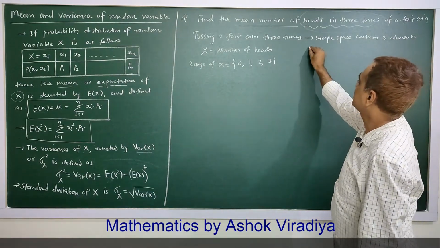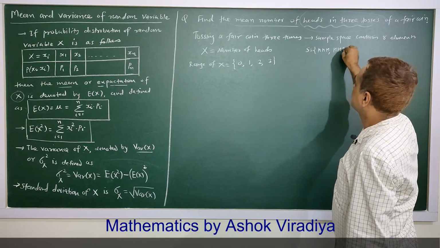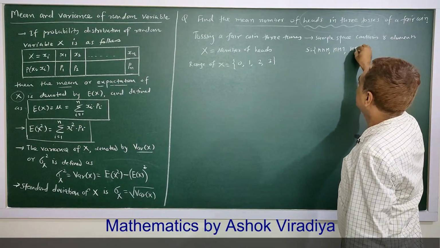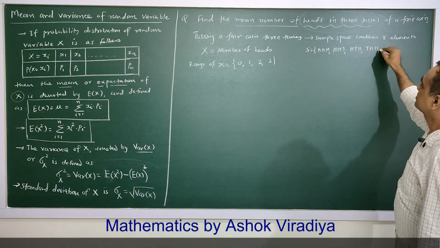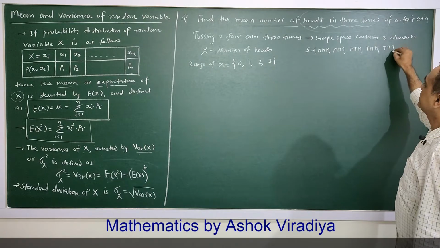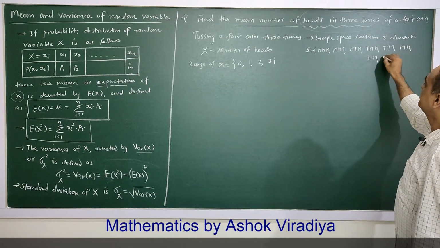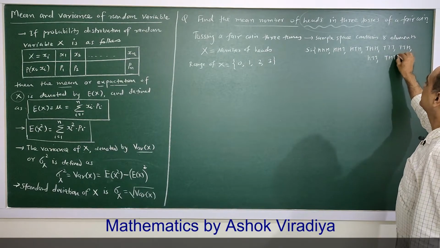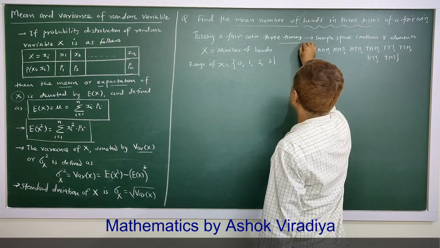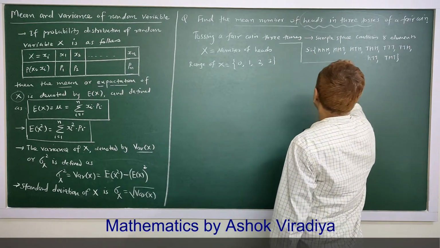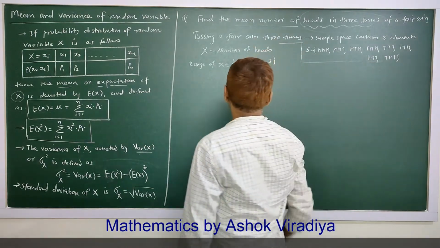Which are those 8 elements? That is HHH, HHT, HTH, THH, HTT, TTH, THT, TTT. So these are the 8 elements in the sample space associated with the experiment of tossing a coin 3 times.